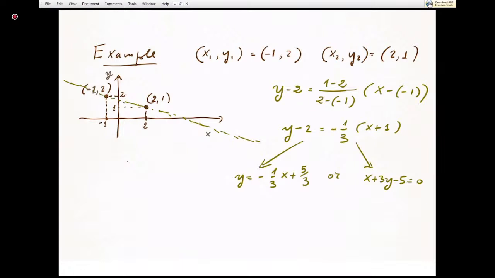This is the equation of the previous straight line in explicit form. If I multiply both sides by 3, I obtain 3y is equal to minus x plus 5.